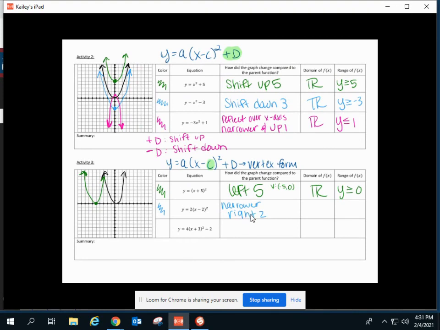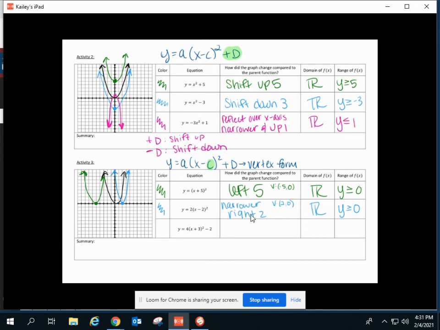Moved it to the right 2, so 2 units this way for the vertex, and make it look narrower than the parent function. So this vertex moved to +2, 0. Domain, all real numbers. Range, didn't change either. Its y is greater than or equal to 0.